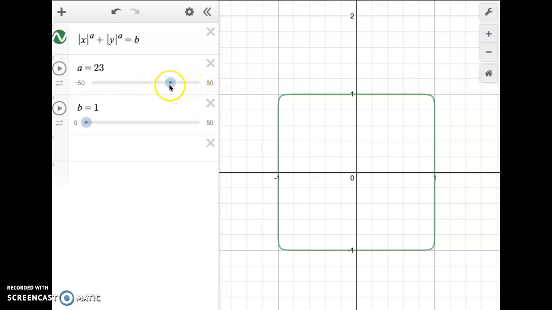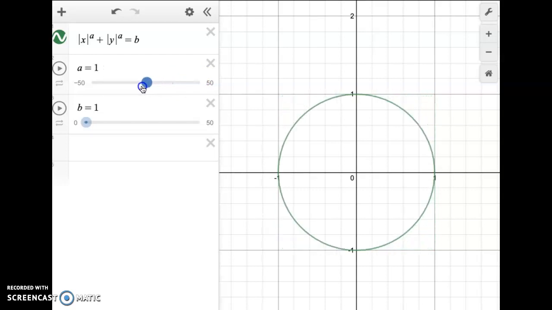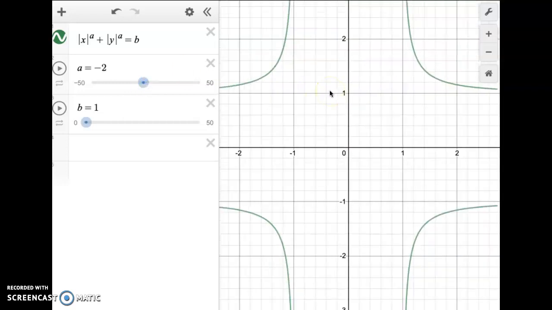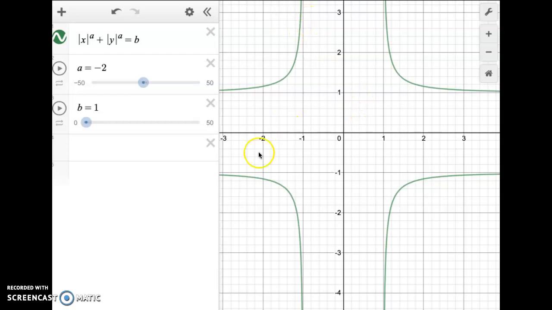But I also wanted to look at what happens with the negatives and if those exponents followed any similar patterns. So my prediction was that since we saw that the odd exponents followed a pattern of the even exponents, the same thing would occur with the negative exponents. So just going through, we see that right off the bat, we have the -2. And again, that cross shape is formed.